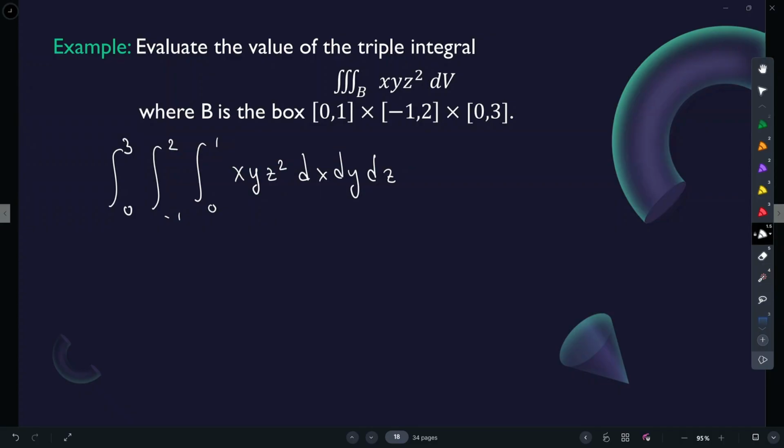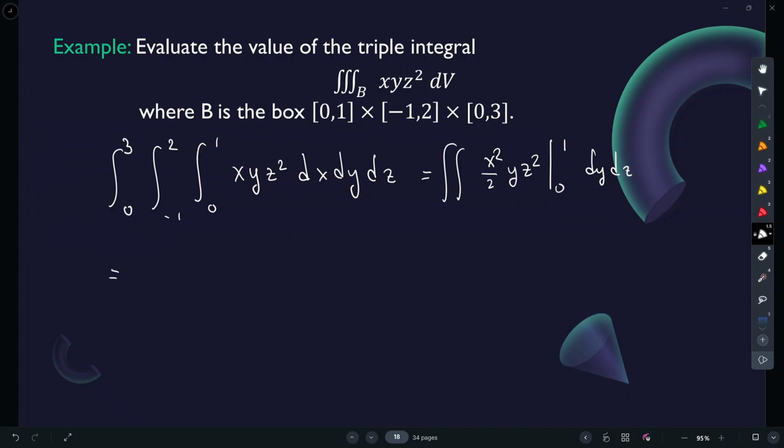Now we can just integrate, as we did with iterated integrals and double integrals, one at a time. Let me not write those limits of integration quite yet. For x, I'm integrating x y z squared with respect to x. That will be x squared divided by 2, y z squared between 0 and 1, and then I'll have dy and dz to worry about.